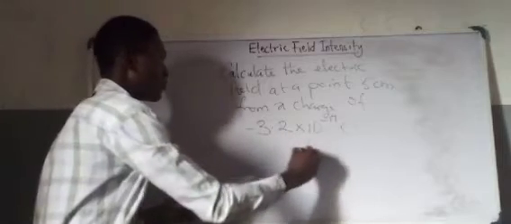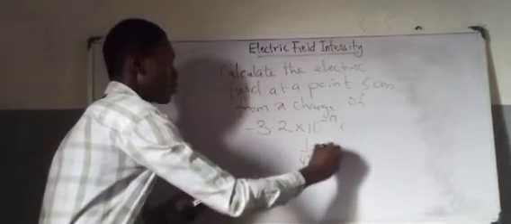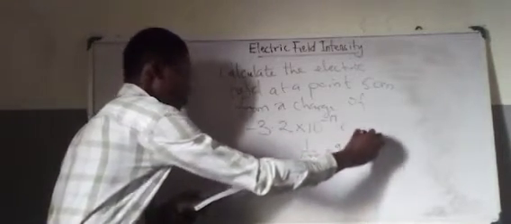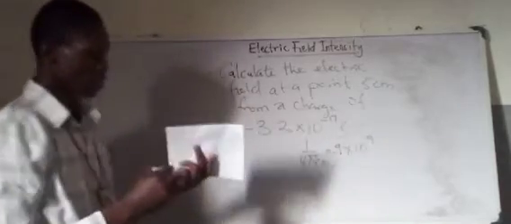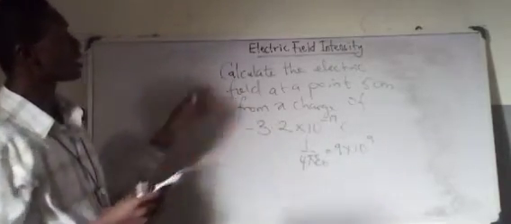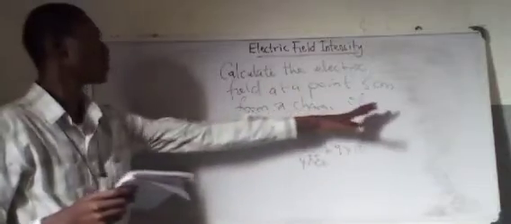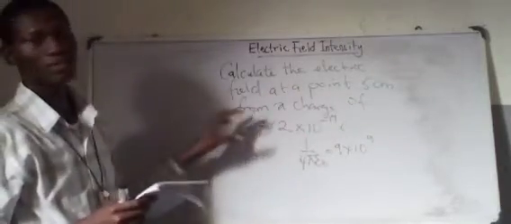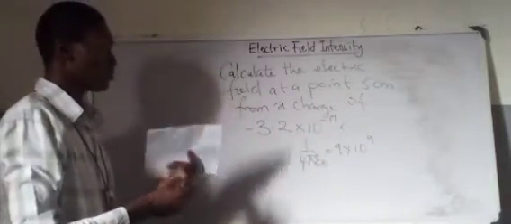We should remember that 1 divided by 4 pi epsilon naught is given as 9 times 10 to the power 9. So we can go ahead and calculate the electric field at a point 5 cm from a charge having this particular value.